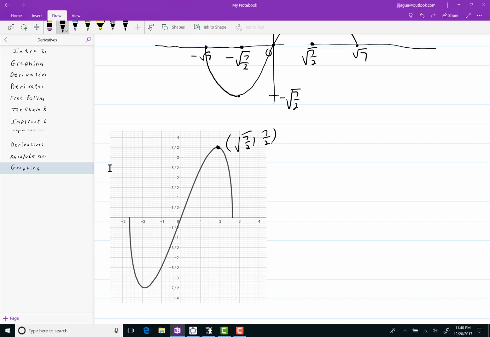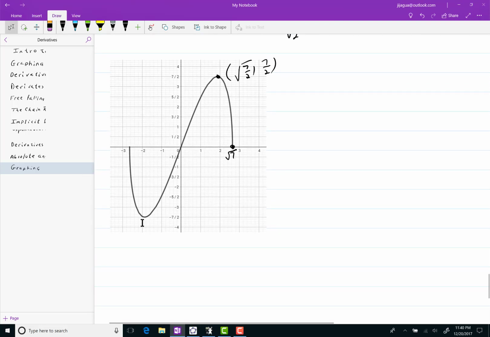And you can see that it is right on the money. Then you've got the rightmost x-intercept that happens at radical 7. And then we have a minimum here at negative radical 7/2 and negative 7/2.